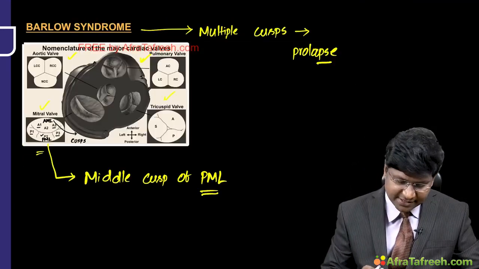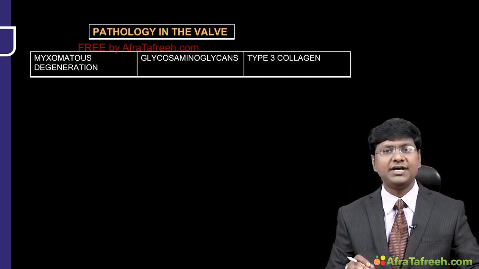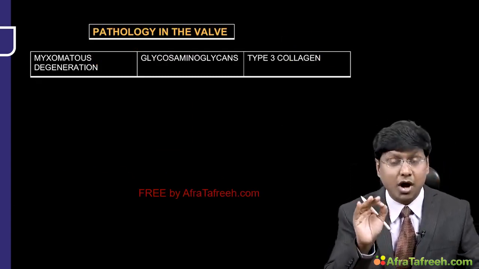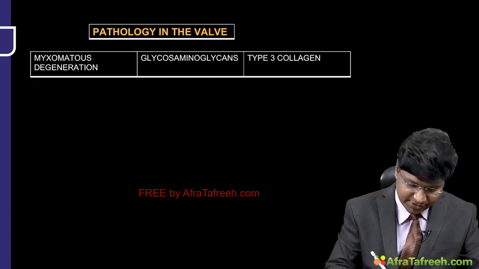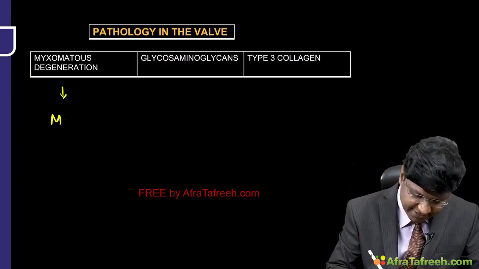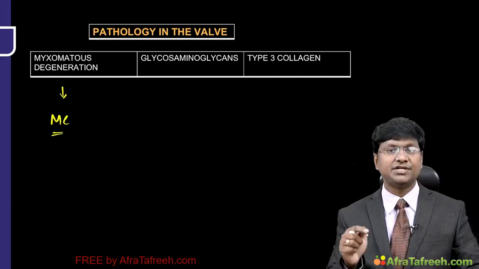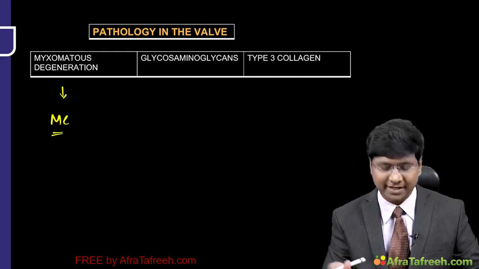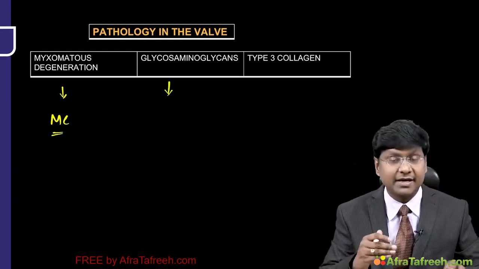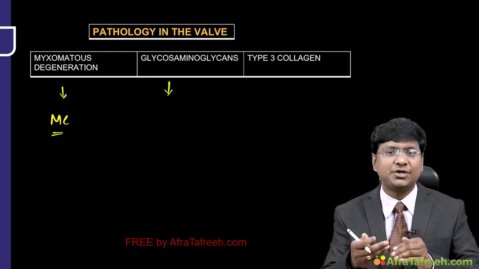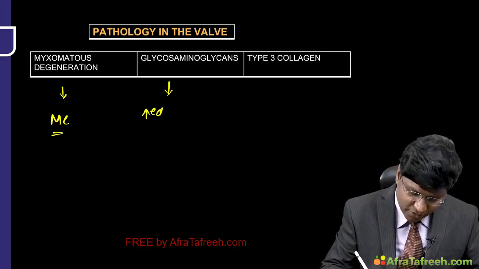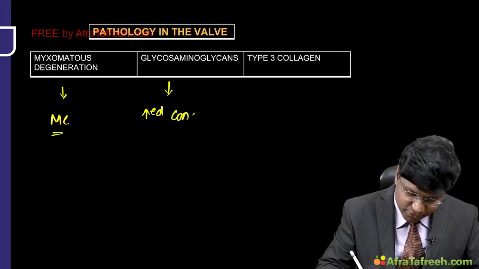Now, let me discuss the basic pathology, what happens in mitral valve prolapse. The most common associated pathology within the mitral valve is myxomatous degeneration, and there will be abnormal, excessive accumulation of glycosaminoglycans.